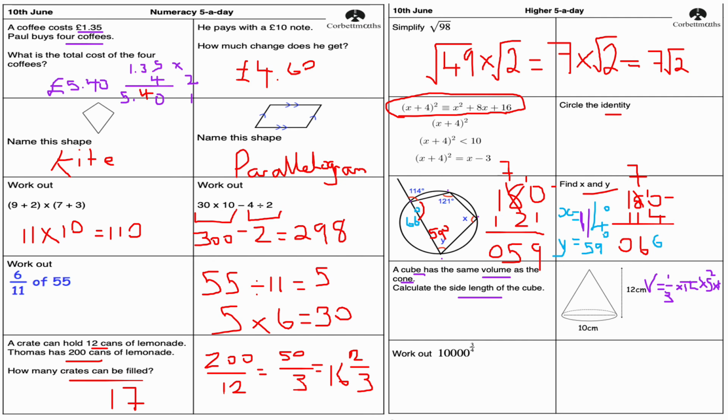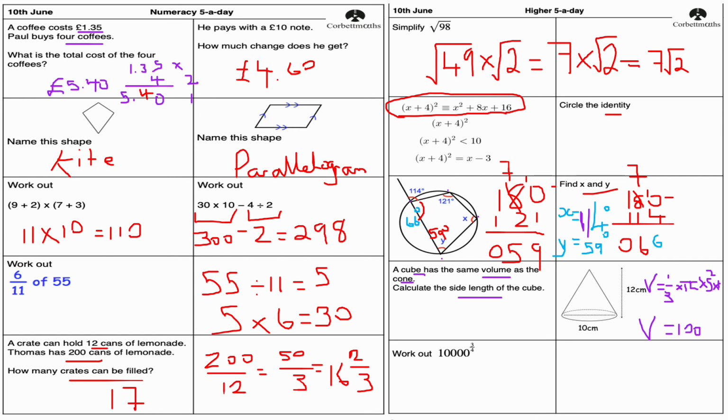Working it out on my calculator, 25 times 12 is 300. Divide that by 3, and then times it by pi. So the volume is 100 pi centimeters cubed.